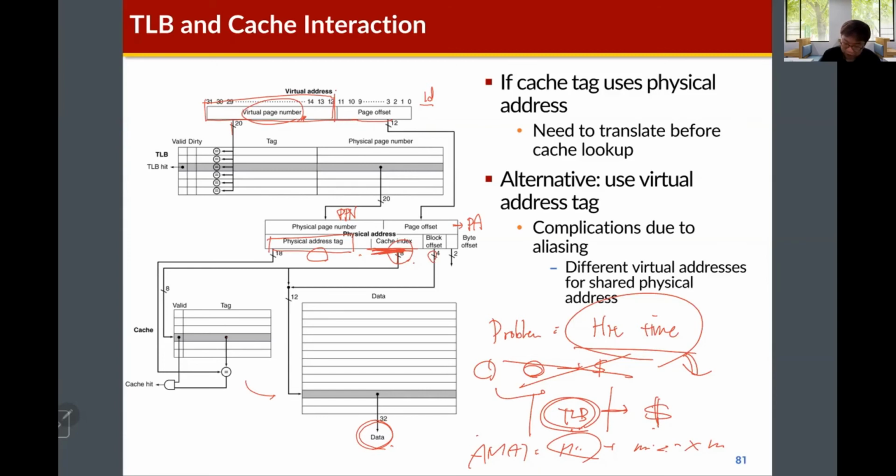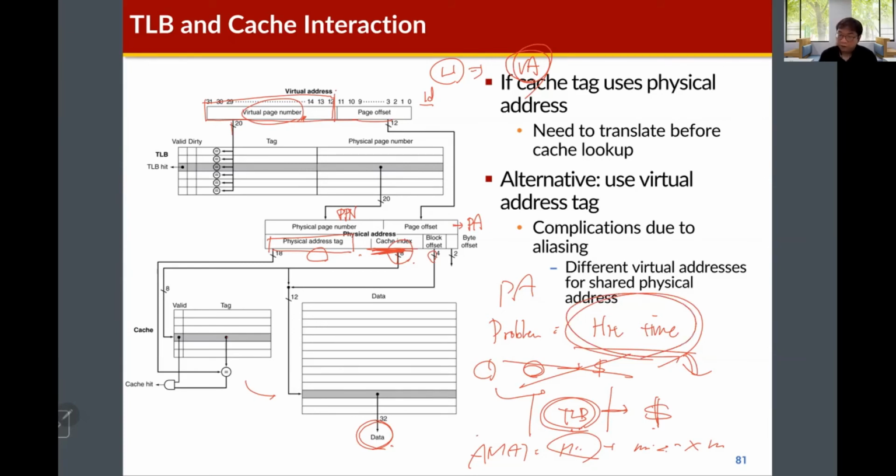So the cache needs to be accessed by physical address. But for the level one cache, some processors access the cache with the virtual address, to reduce the hit time of the cache access.